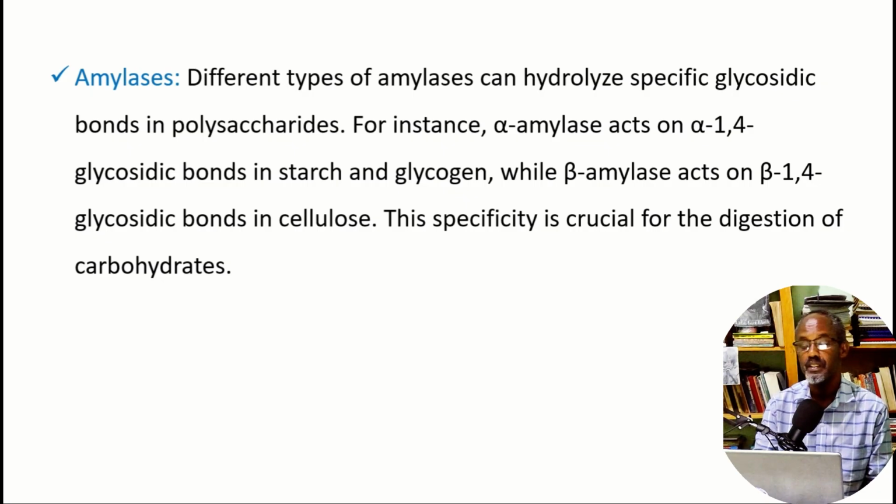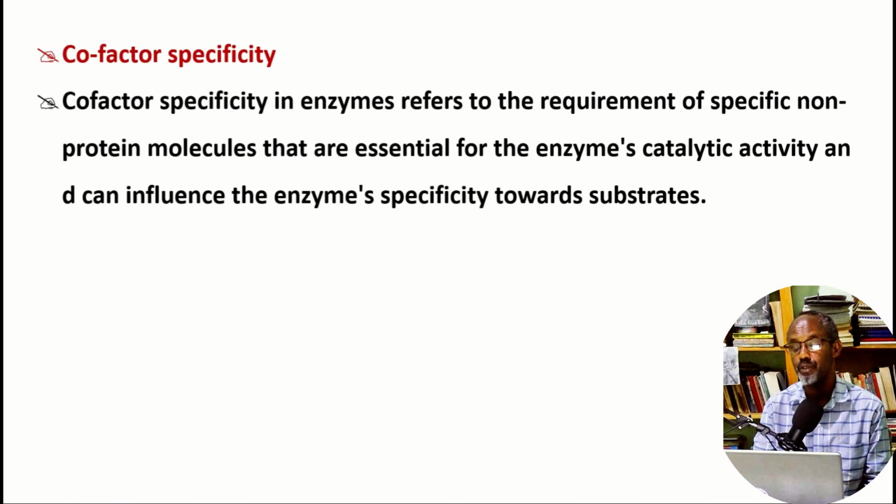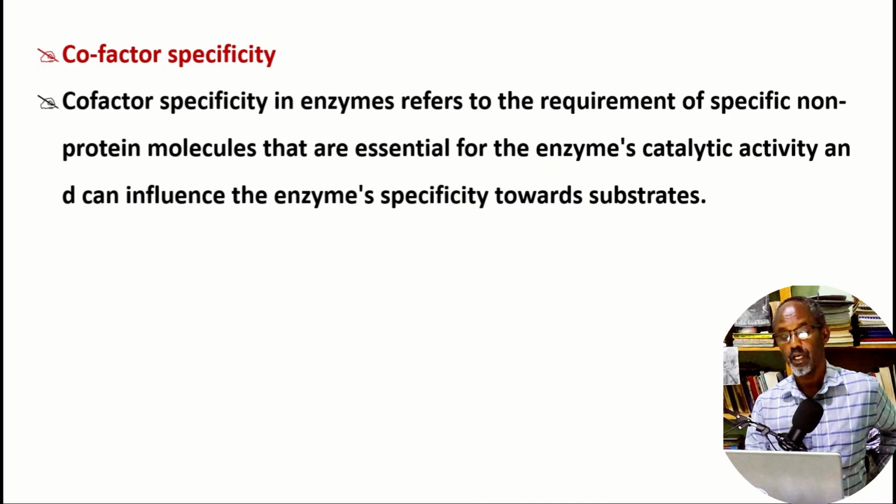We have seen the first part of this enzyme specificity classification. Cofactor specificity: here, cofactor specificity in enzymes refers to the requirement of specific non-protein molecules, which are known as cofactors. I have tried to tell you about cofactors. We shall come to this cofactor section next in elaboration.